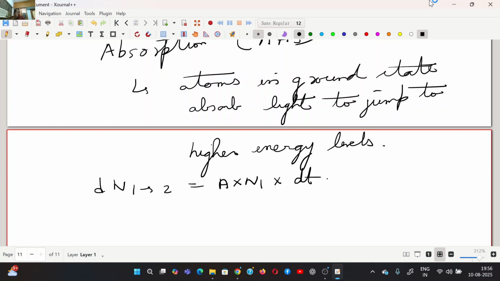I'm not going into details of transition probability and Einstein coefficient over here. Basically, it's just to mathematically quantify the absorption or emission.